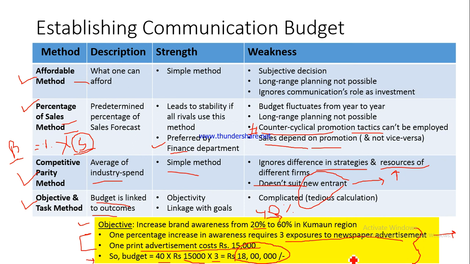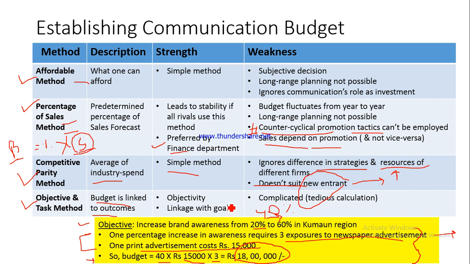Is this fine? Now you can understand that this is a very, very objective method. Why is this objective? This is not based on any predetermined notions. It is not based on your experience. It is based on clear-cut data. You know you have to increase your brand awareness by 40%, and you know that every 1% increase in brand awareness would require 3 exposures, and every exposure will cost you ₹15,000.